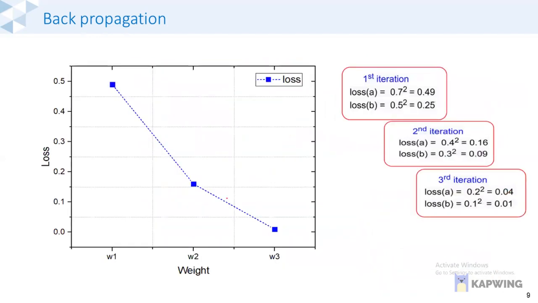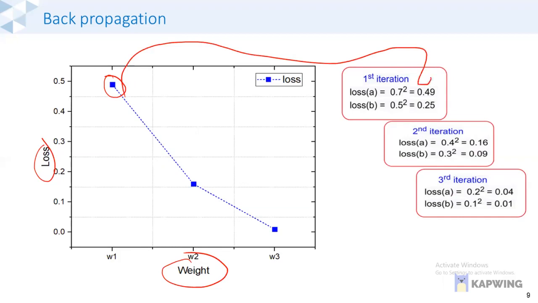So now let us see the graphical relationship of loss and weight. As we can see, in the first iteration my model was not trained, and when I applied forward propagation and calculated the cost function, my error was higher. After that, I adjusted the weights in the backward direction.